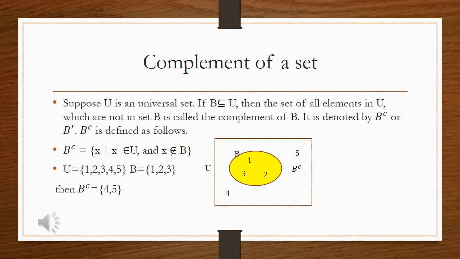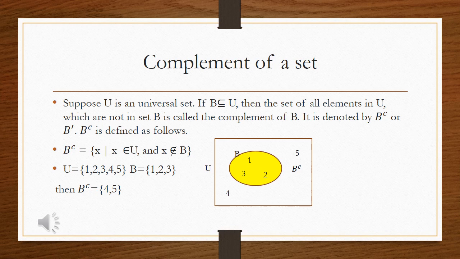The universal set contains the elements in this figure: 1, 2, 3, 4 and 5. These are the elements of universal set U. And there is another set B. It contains the elements 1, 2 and 3, and the universal set is always bigger, so here B is a subset of the universal set U.